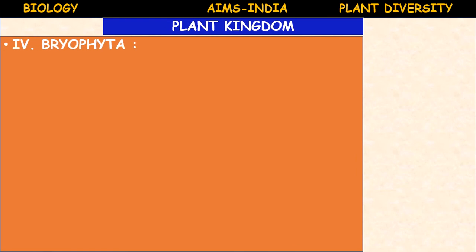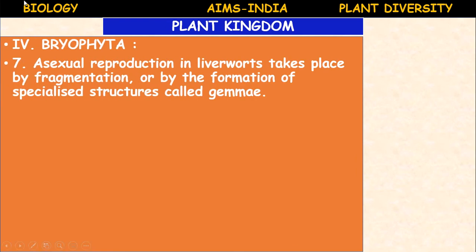Bryophyta. Let us continue. The prominent stage of the life cycle of the mosses is the gametophyte, which consists of two stages.